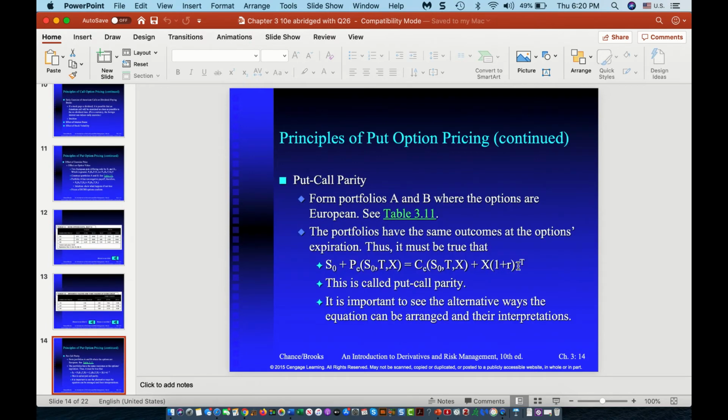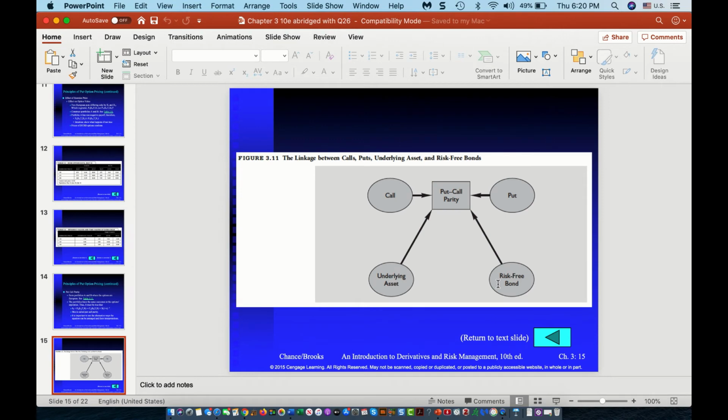Put-call parity is this equation here, which in English is long stock plus long put is equal to long call and long bond. And then you can create a synthetic long stock, synthetic long put, synthetic long call, synthetic long bond, just by rearranging the equation. So synthetic long stock would be long call plus long bond minus long put. Synthetic long put would be long call plus long bond minus long stock, and so forth.